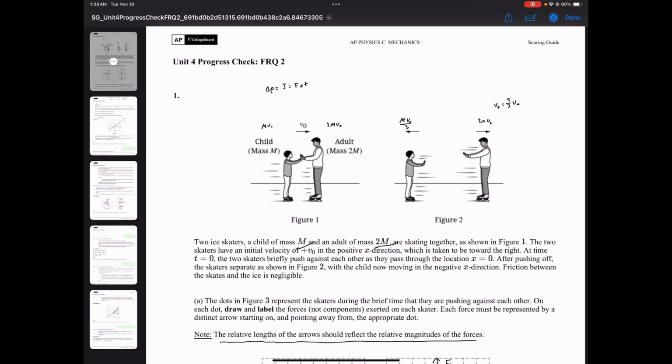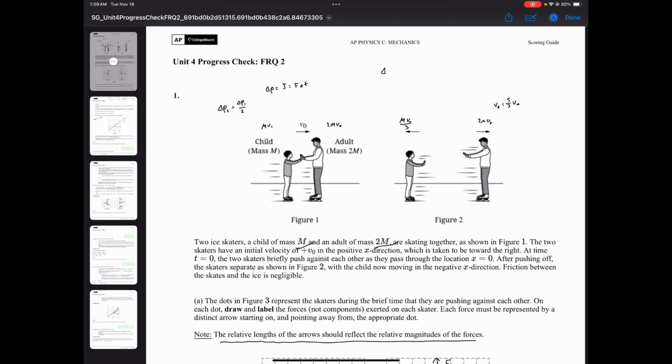So now the new change in momentum for the second scenario is equal to half the change in momentum for the first scenario. Let's look at what the change in momentum on the child was in the first scenario. The child has an initial momentum of mv naught, and a final momentum of mv naught over 3 going the opposite direction.